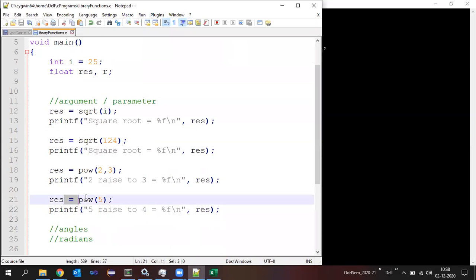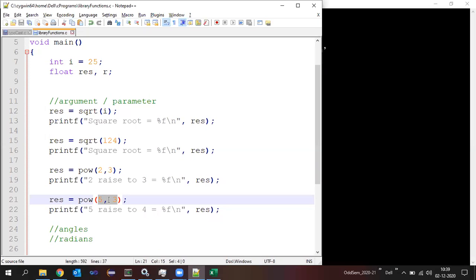What it is telling is that there are too few arguments. It requires 2 arguments, but what are we passing here? We are passing only 1 argument. That's why the power function is not capable of calculating the power of the given numbers. In order to do that, we require exactly 2 arguments.